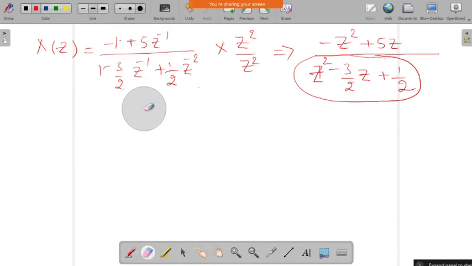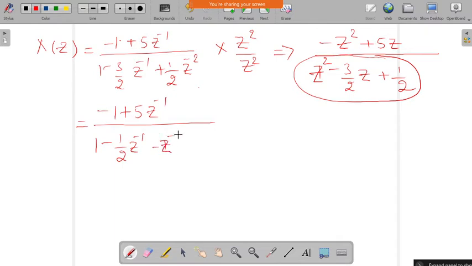so now if I factorize the denominator, we will get minus 1 plus 5 z inverse divided by 1 minus 3 by 2 z inverse plus half into z power minus 2. So by taking the roots, now I will combine these terms, 1 minus z inverse. So you will get minus 1 plus 5 z inverse divided by 1 minus z inverse.